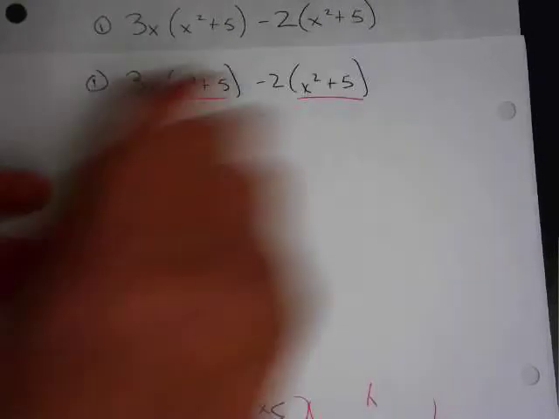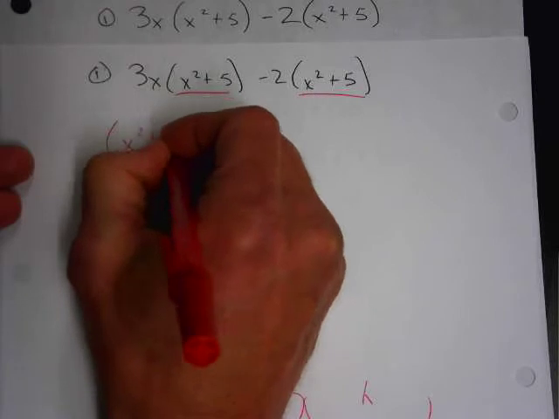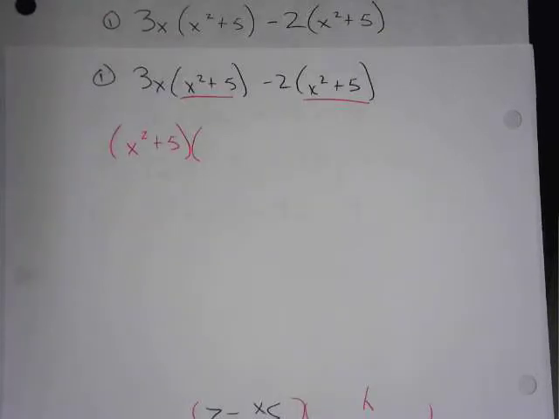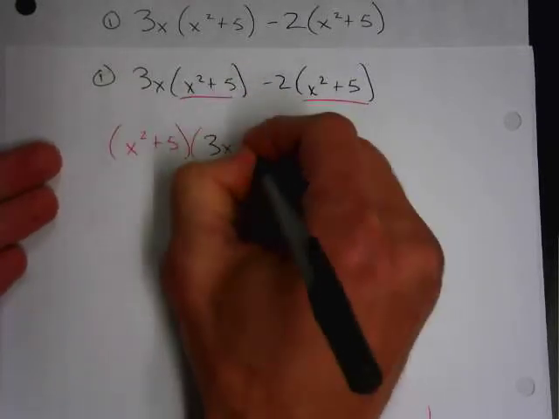And so what we can do then is completely factor out the x squared plus 5, and then express everything else as a product. What happens when we divide the x squared plus 5 from each term? We will be left with 3x and then minus 2.